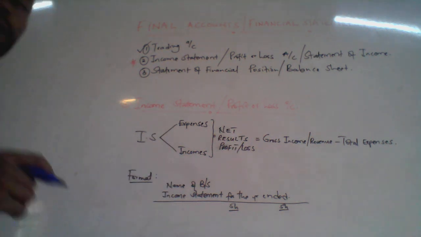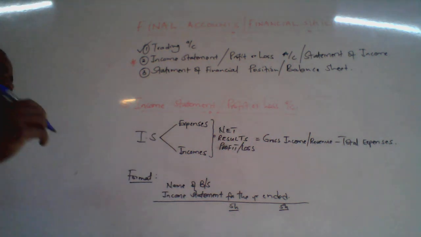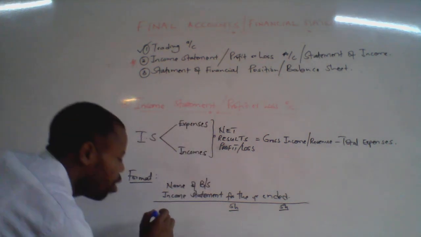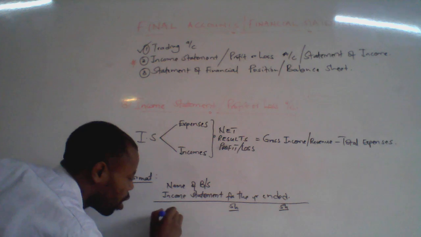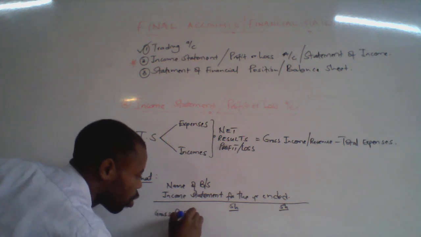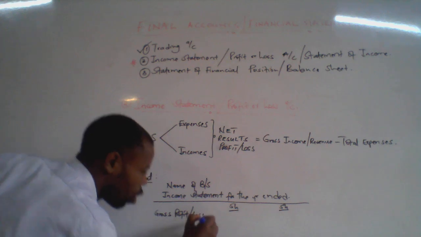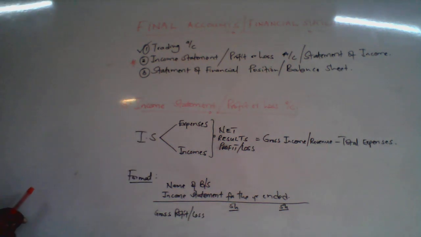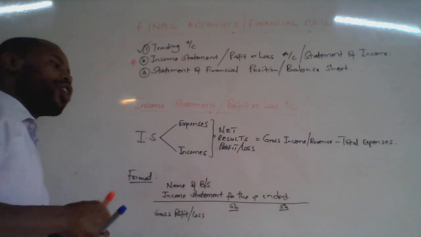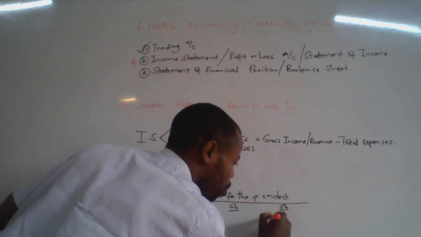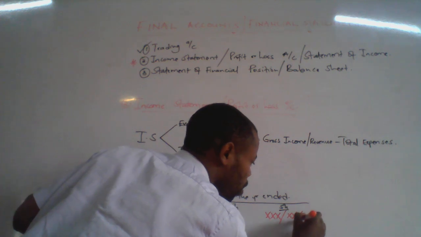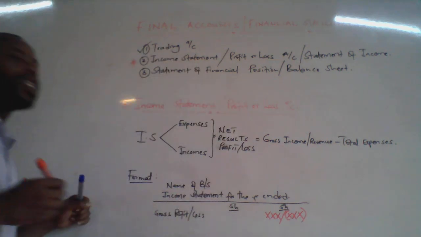So with the expenses and the incomes, you always begin with the gross results. The first item to post here is the gross profit or loss. Are we together? If it is a profit, it is open.